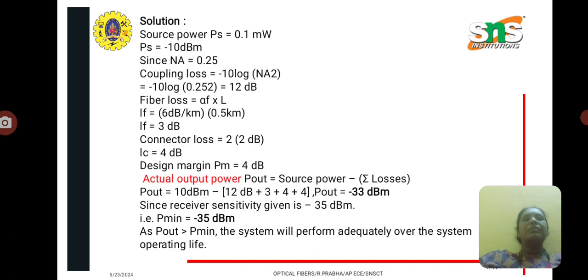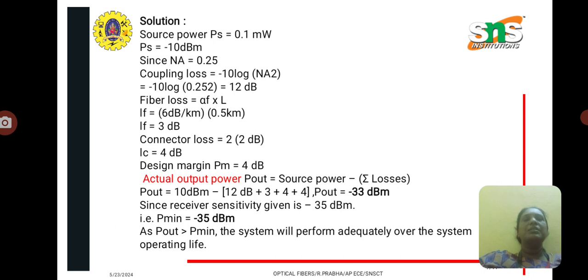For the calculation, source power is 0.1 milliwatts, system margin is 4 decibels, numerical aperture is 0.25. The coupling loss is 10 log of numerical aperture squared, so we get 10 log of 0.25 squared, and it is 12 dB. Fiber loss is alpha f, the attenuation, multiplied by the length.